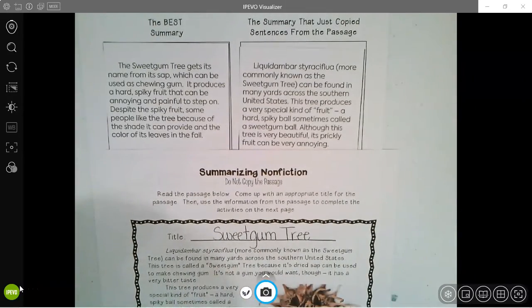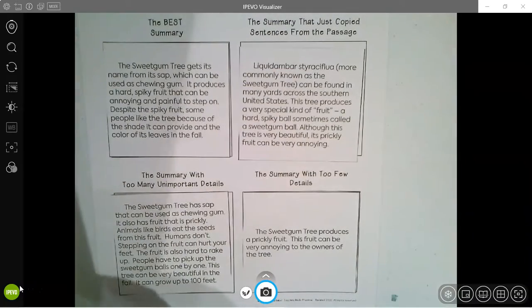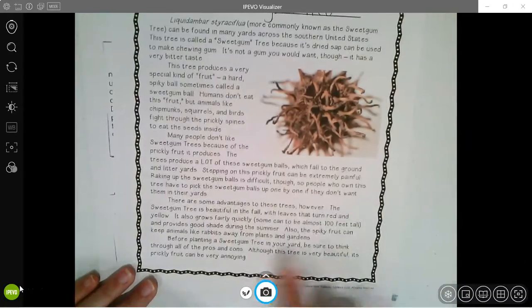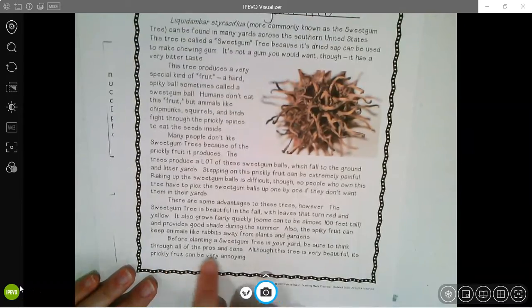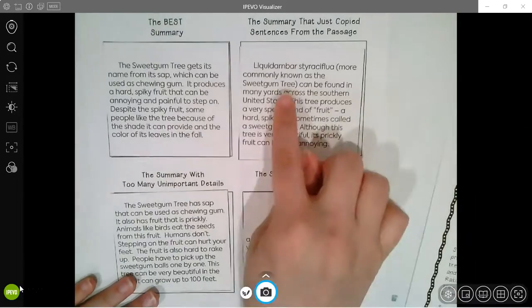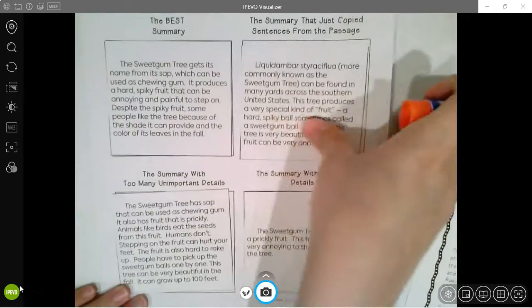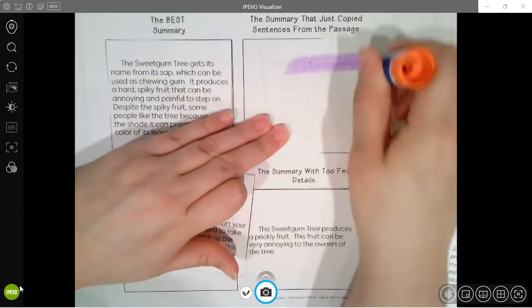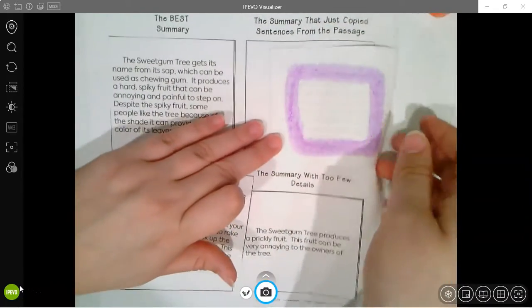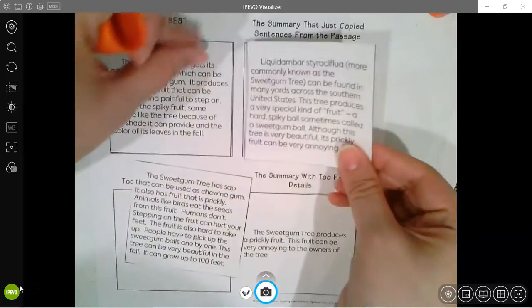So this one you can tell is just copied. So where it says although this tree is very beautiful, its prickly fruit, I just showed you all the sentences and it's word for word. It didn't even try to put it in its own words. Okay, so we got to make sure when we're writing summaries, we're putting it in our own words. So I'm going to go ahead and glue that one down.